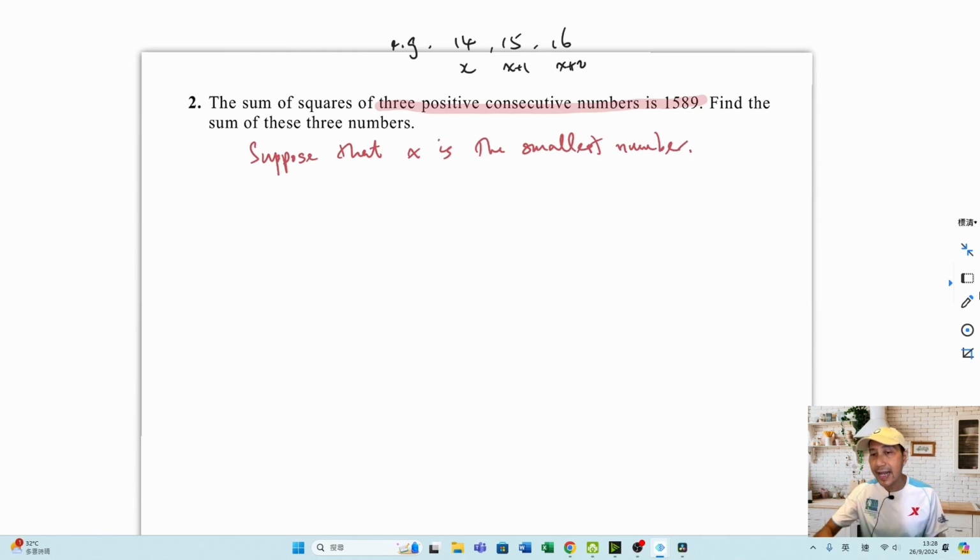At the end we have the answer of s, but we need to do one more thing: find all three numbers, add them up, and give the final answer. If s is the smallest number, for the sum of squares we take the squares of them, just like the previous one, and add them up.